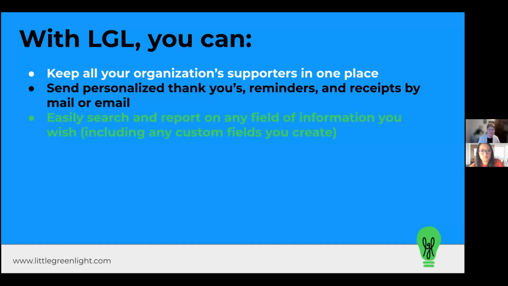Your year-end tax statements all can be done within Little Green Light. We've built some really robust but easy to use search mechanisms and reporting capabilities that make it possible for you to search on and report on any piece of information that you're maintaining in your Little Green Light account, including any custom fields you create.